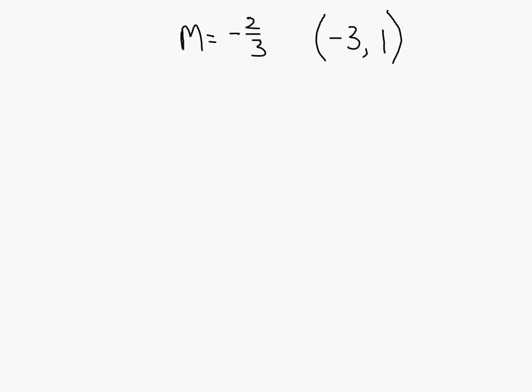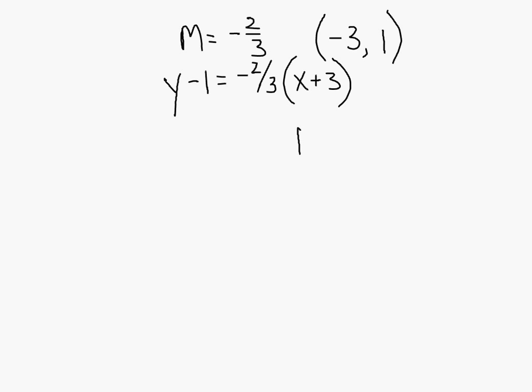So your equation in point slope form is the letter y, and then the opposite of your y that's given. So it's y minus 1 equals negative 2/3, parentheses, letter x. What's going to go in here? Plus 3. Very good. So that's it in point slope form.